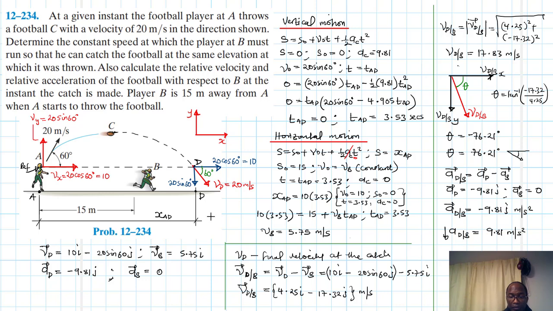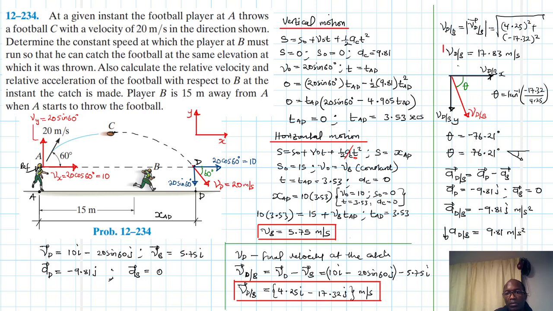Alright, I think this is about it. We have found the constant velocity for player B. We found the relative velocity of the ball with respect to player B at the instant the catch was made.